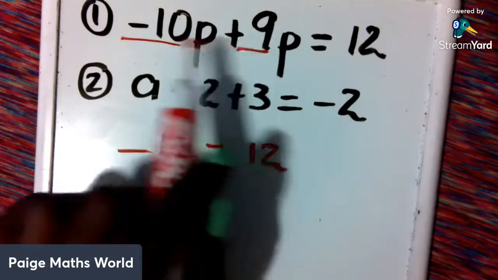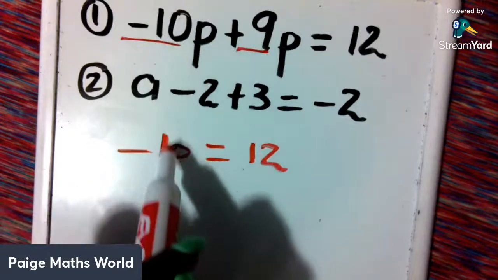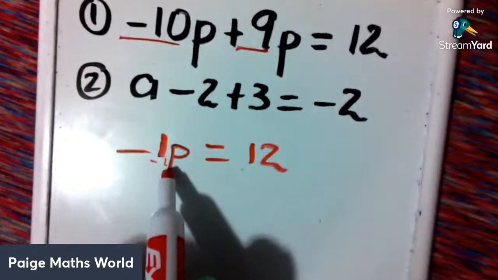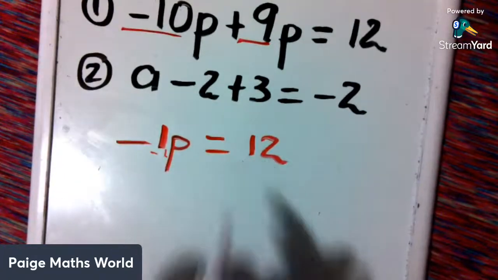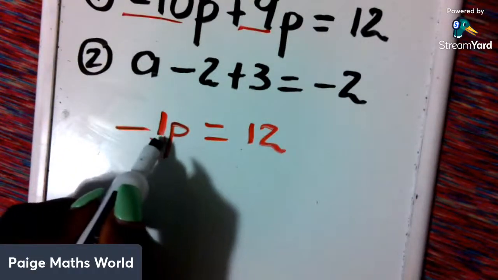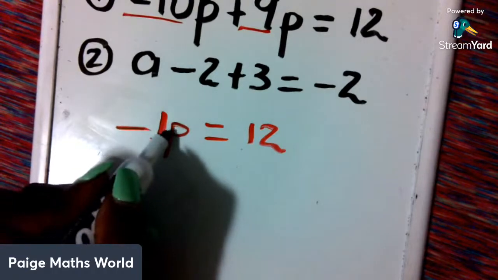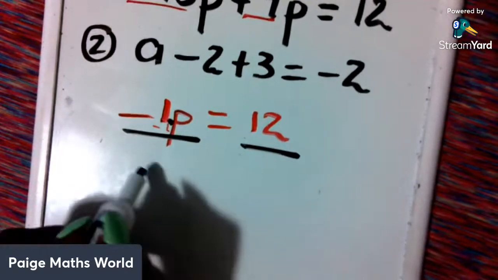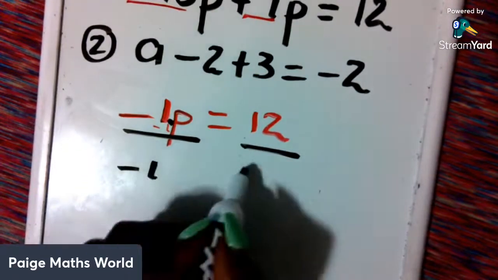We pay our $9, we're still going to owe $1. And so we have negative 1 to represent that $1 that we're owing, and it's equal to 12. Now we need to get rid of the negative 1. This is what we have been doing from yesterday. If we want to get rid of a negative 1, which is being multiplied, we have to do the opposite, which is dividing. So we're going to be dividing both sides by negative 1.